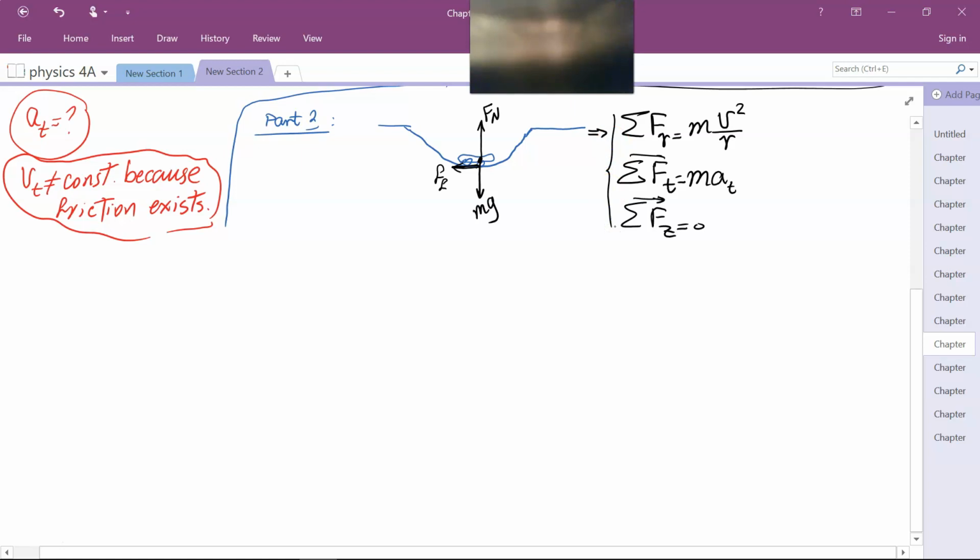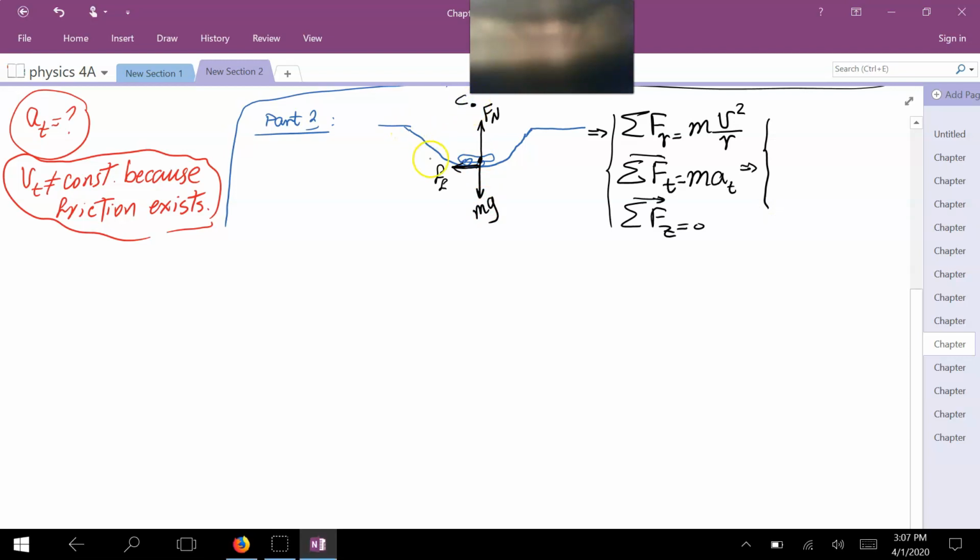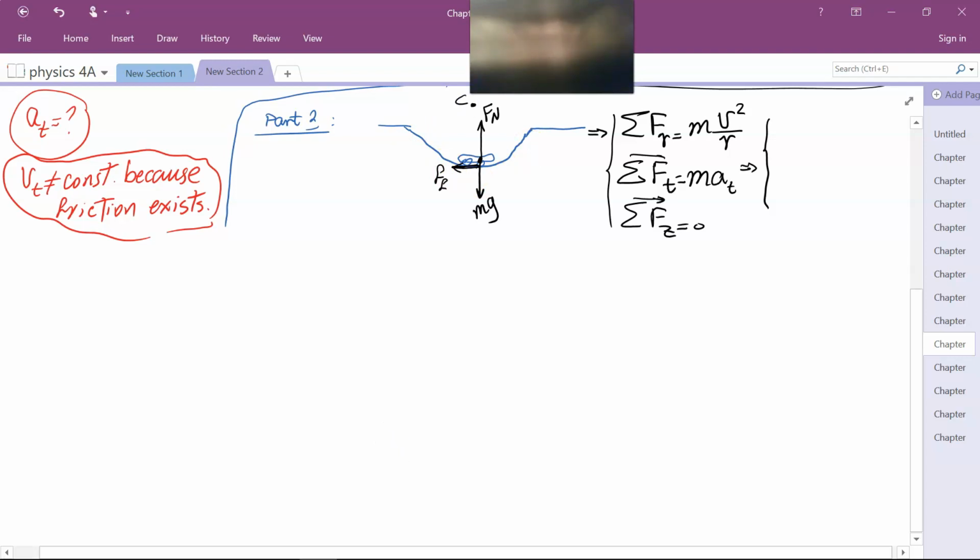Now, how many forces do we have on the radial axis? Remember, the center is here, because this is your curve. I have 2 forces on the radial axis. Anything toward the center is positive, outward is negative, so it will be Fn minus mg equals m v squared over r.